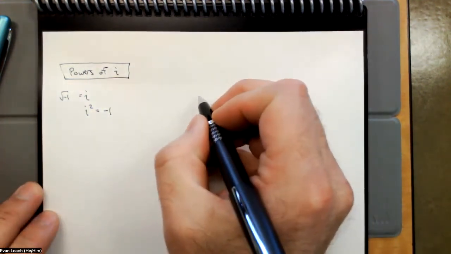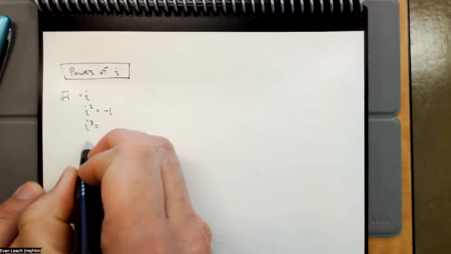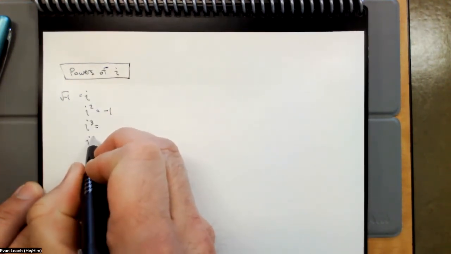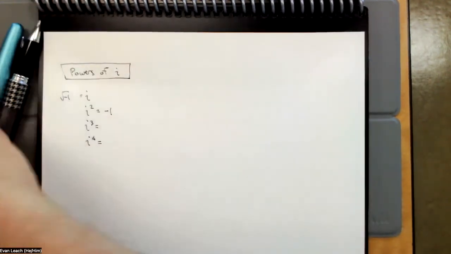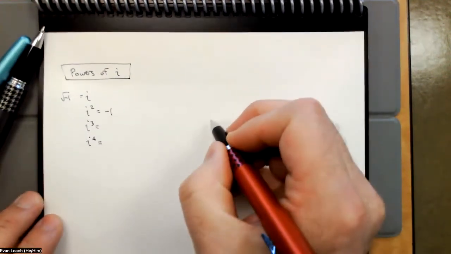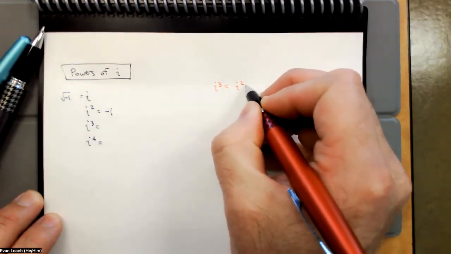The cool thing about the imaginary unit i is that we only actually need 4 powers of it. After that, they just kind of go back to the beginning. Let's show you what I'm talking about. So i squared is -1. If we think about i cubed, that's going to be i squared times i.